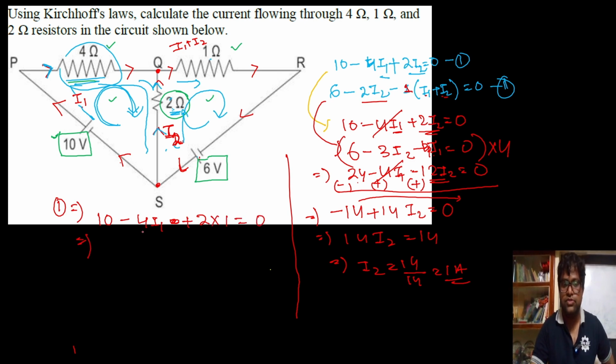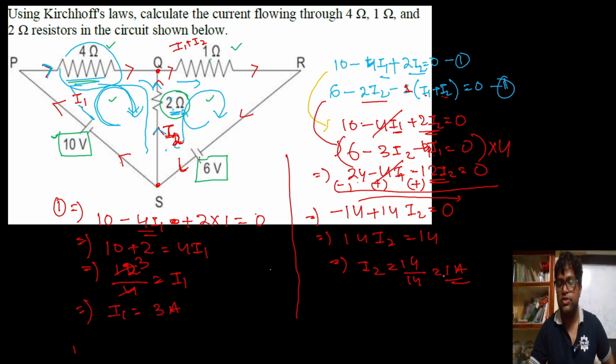So take the numbers to the right side, or 4I1, minus it, take it to the right side. So 10 plus 2 equal to 4I1, or you can say 12 by 4 is I1, or you can say it's 3. So you can write I1 is 3 ampere, I2 we got 1 ampere. So these are the two solutions we got, I1 and I2.